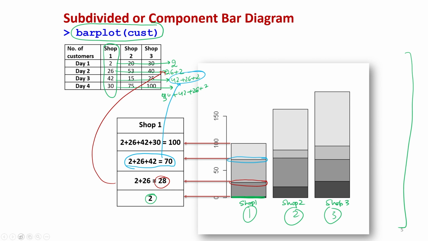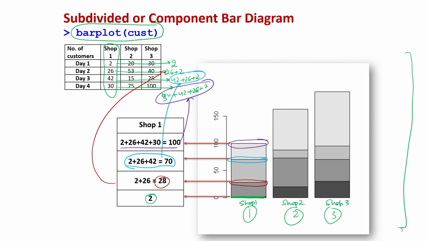And finally, the fourth line is indicating the cumulative frequency of day 4, that is the total frequency of days 1, 2, 3 and 4, which is 2 plus 26 plus 42 plus 30, equal to 100. And the same interpretation goes for the second and third bars also.